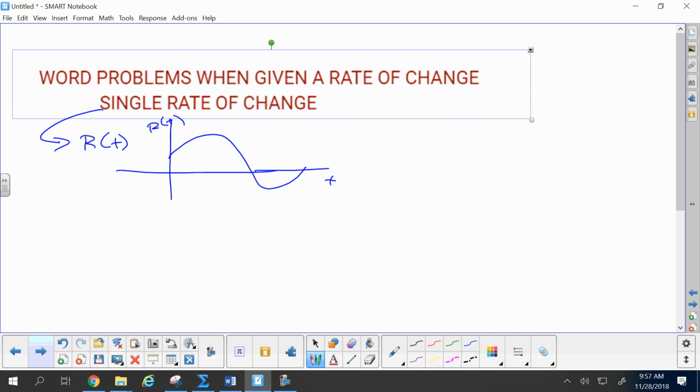Okay? Now, this is different than being given the amount. Here you're being given the rate at which the amount changes. So you could actually think of this like being given the derivative graph. This is the rate of change in the amount. R is a rate at which some amount changes.